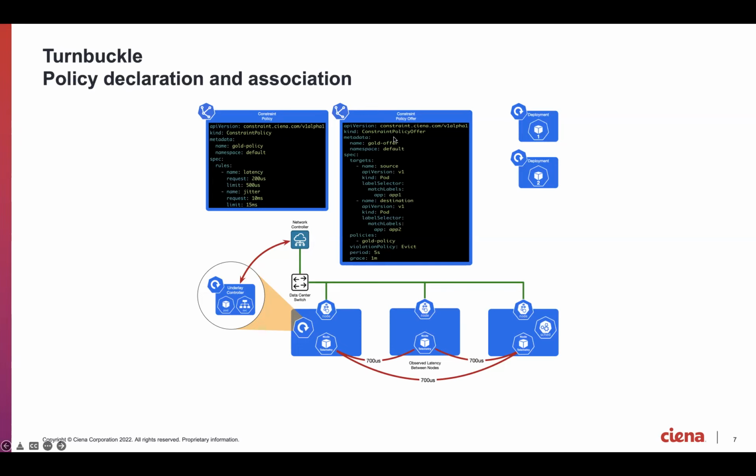Every pair the policy offer creates is what we call a constraint policy binding, which is the realization, or the binding, of a real pod to a real policy. In that binding is the status of the rule evaluations as well as the status of the policy.